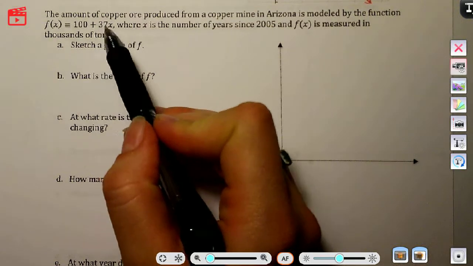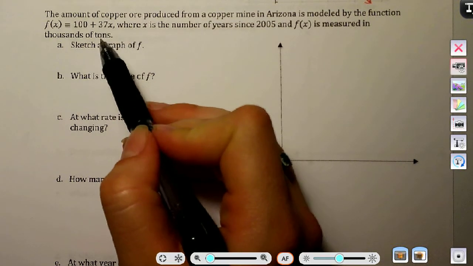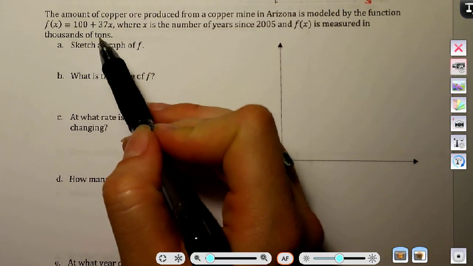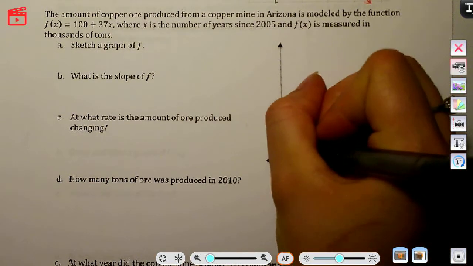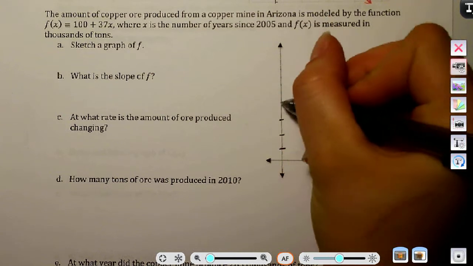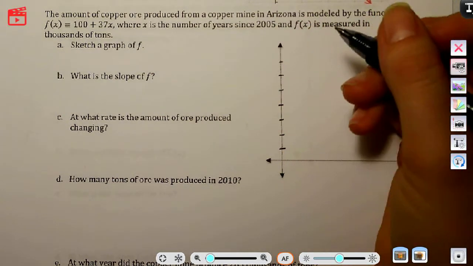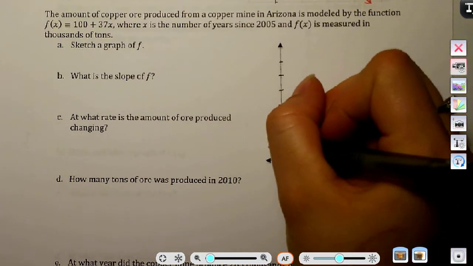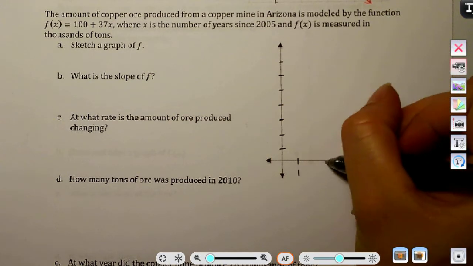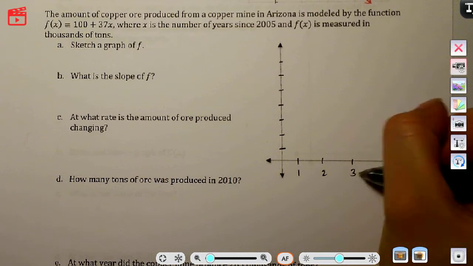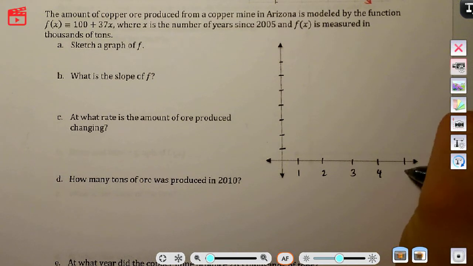This is the slope of my equation, so that's 37 over 1. So I'm going to go by maybe 50s. 37 is close to 40, but I like to go with maybe 5 tens or hundreds if possible. So there's that, and then let's go 1, 2, 3, 4, and 5.